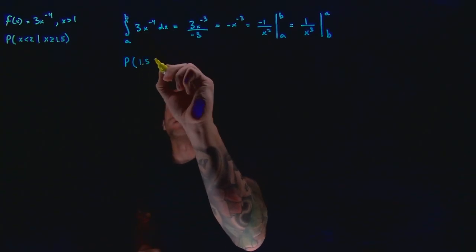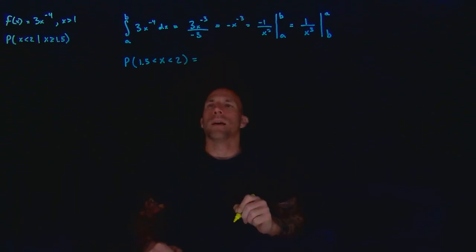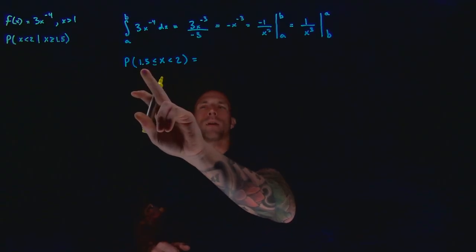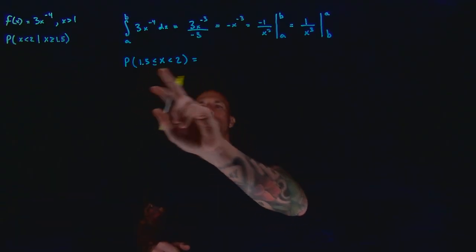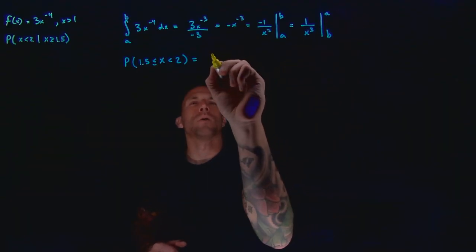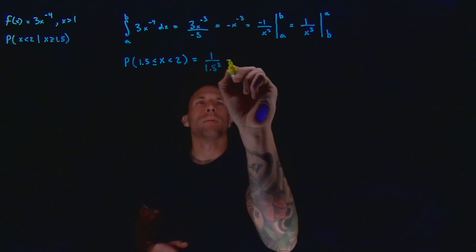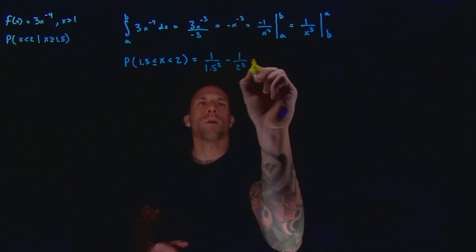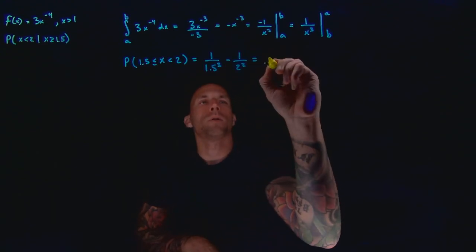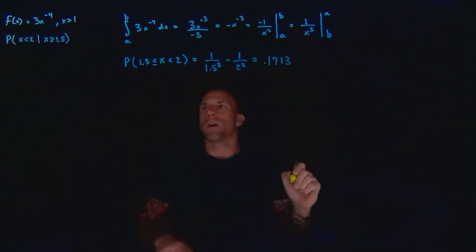So what we want here is this value, and that just means we're going to integrate from a to b, from 1.5 to 2, and I've switched my boundaries of integration here. So that's going to give us 1 over 1.5 to the third minus 1 over 2 to the third. And if we run that through the calculator, we will get 0.1713. So that's going to be our numerator.